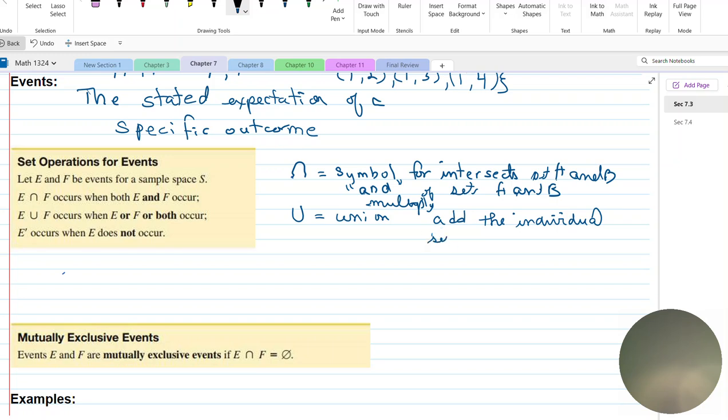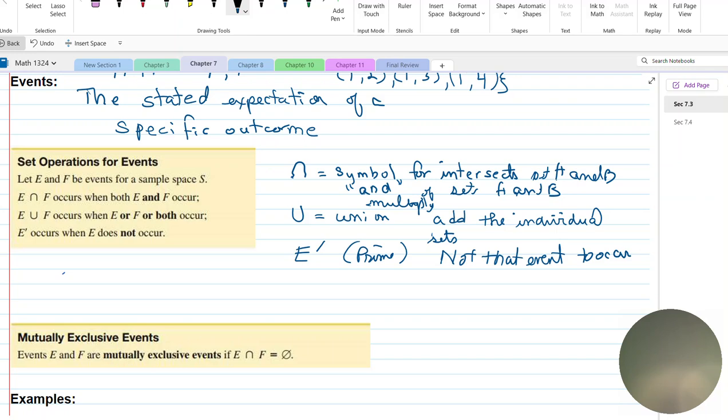E prime means not that event: everything else, but not that event occurring.